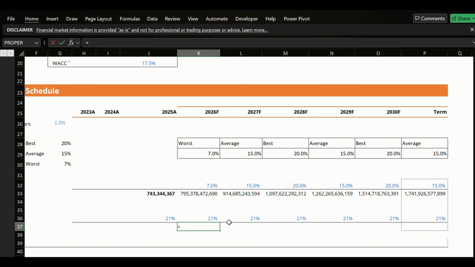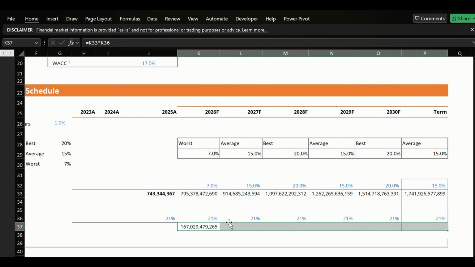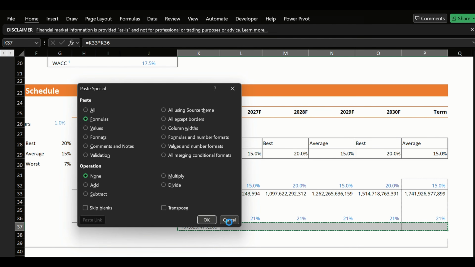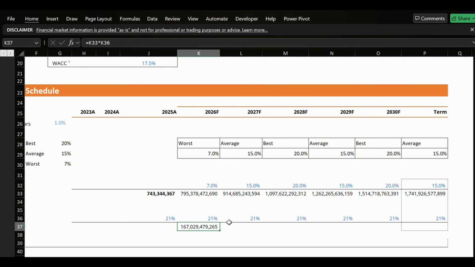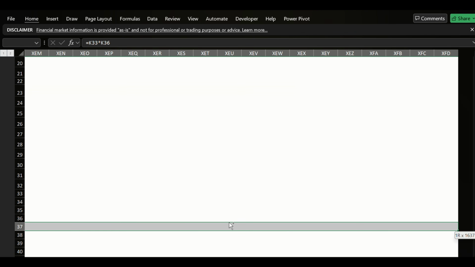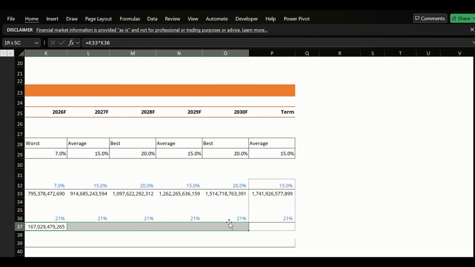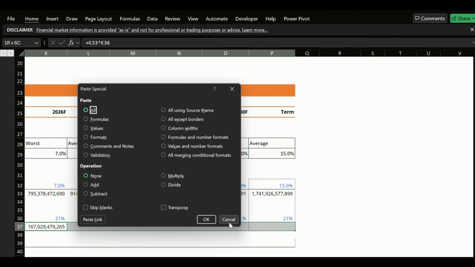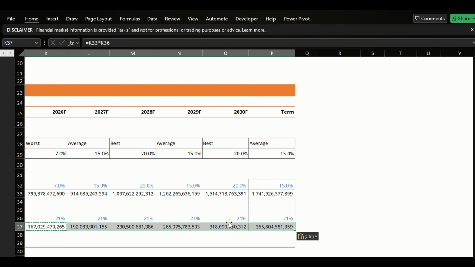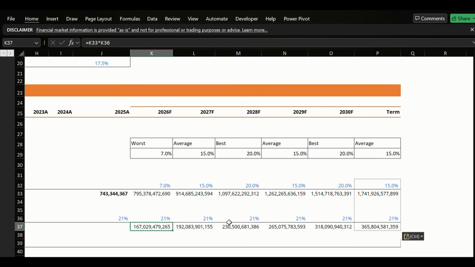How does it go? It's the tax rate. Sorry, it's not capturing the borders. Control R V, formulas. We're good to go.